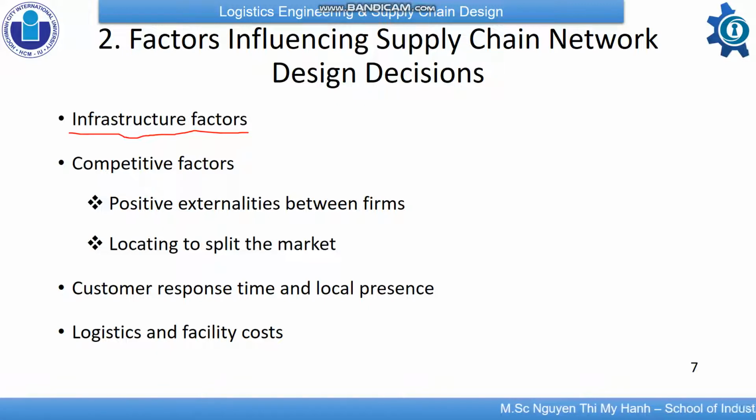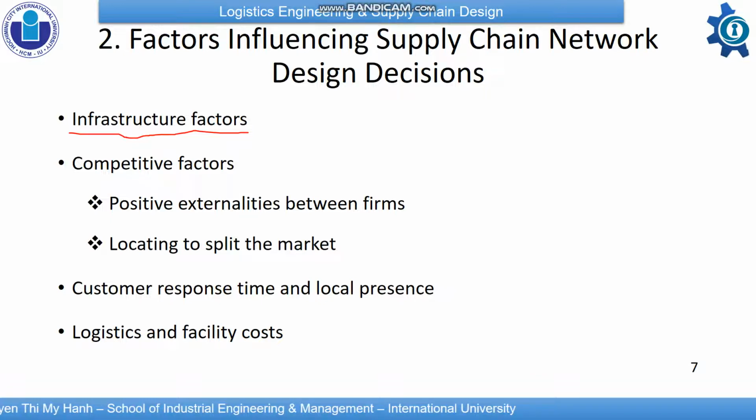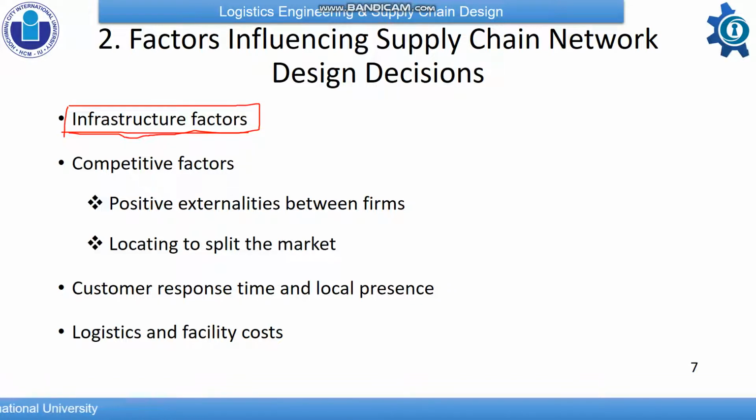So the availability of good infrastructure is very important to locate a facility. We prefer to locate our facility in an area or in a city that has good infrastructure, so that we can reduce the cost of doing business there.